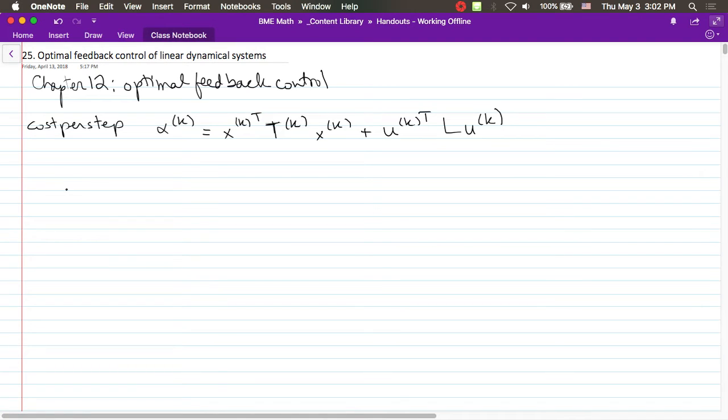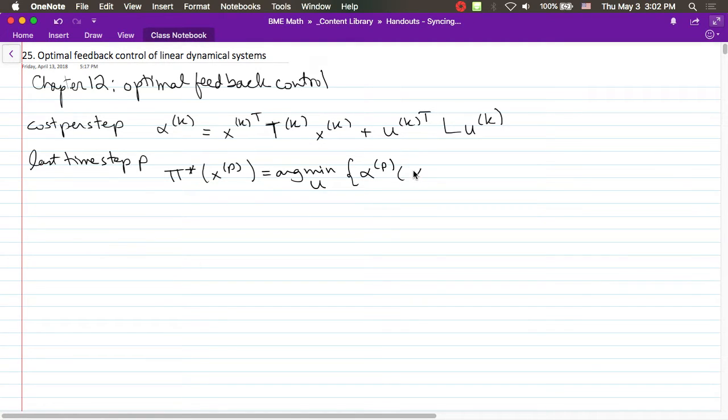Okay, and so we said that we started at the last time point, and at the last time point our optimal policy at state x at time point p is the one that minimizes the cost per step. And so if this is our cost per step, the best thing we can do that minimizes it is just nothing.